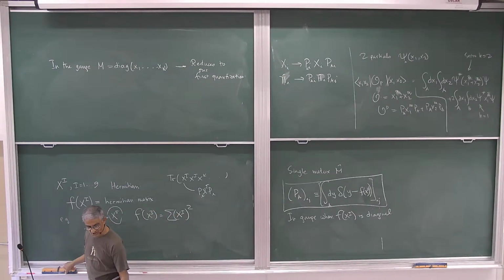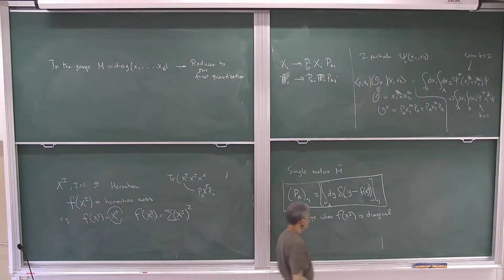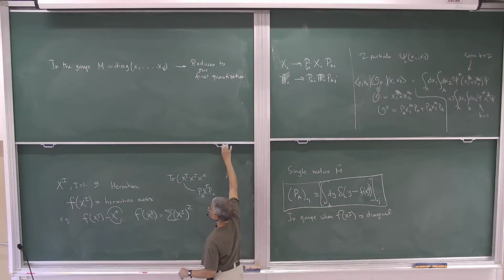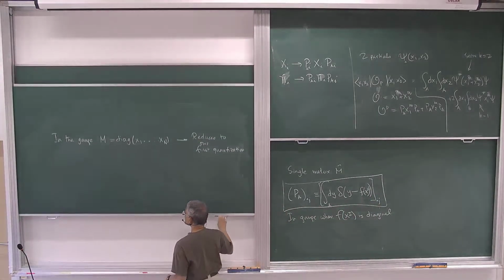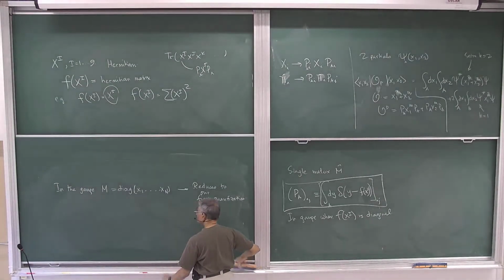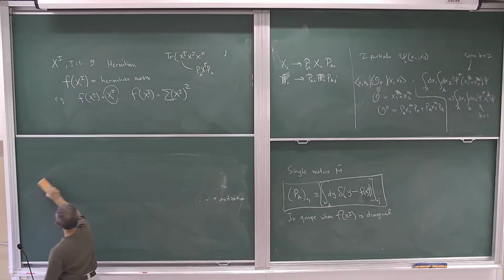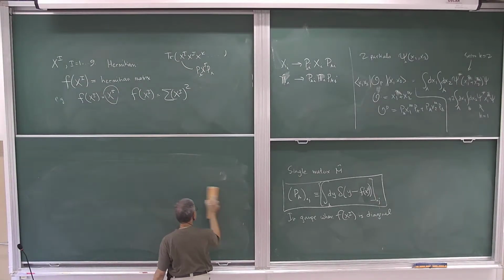So the picture, motivated by string theory or matrix theory, is like this. It's better to give an example. Let me take the example where that function of x is x5.